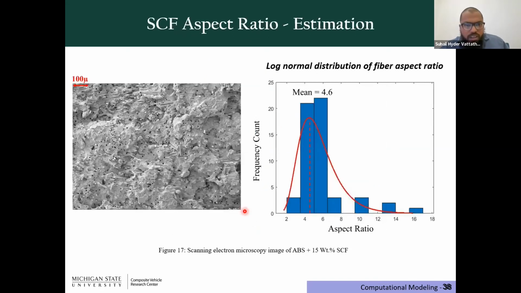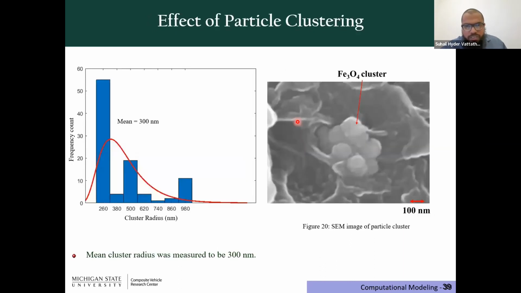Once you do the experimental observation, this is a scanning electron microscopy image, and you can see that the carbon fibers that you got over here are of different length scales. How can we get an average length scale? We did a log normal distribution, and we found that the average aspect ratio of these short carbon fibers is around 4.6.